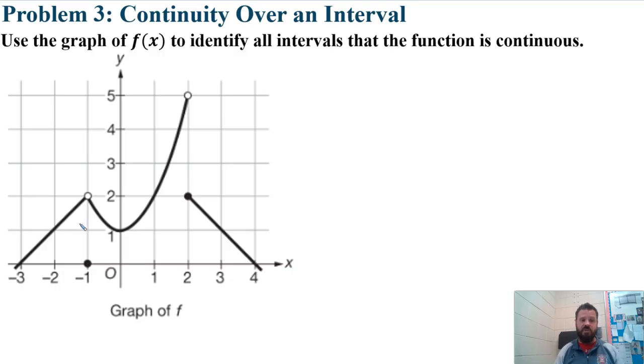That means it's going to divide the graph into 3 continuous intervals. The first one we'll say is everything right here. Let's just assume it keeps going down to the left. So we'll say that we have a continuous interval from negative infinity to negative 1.